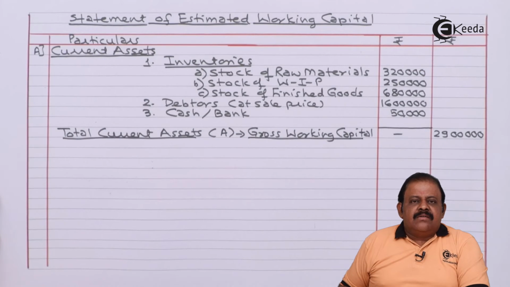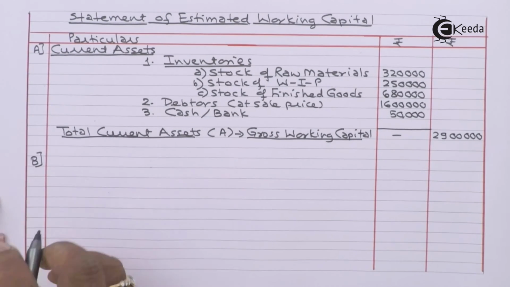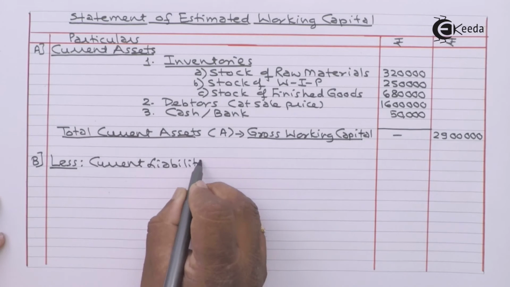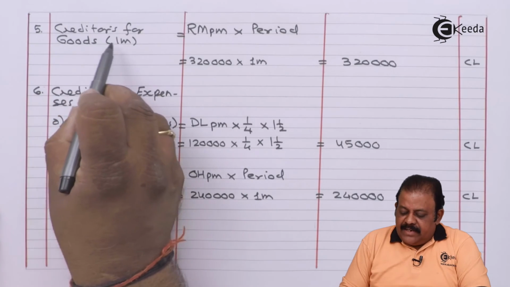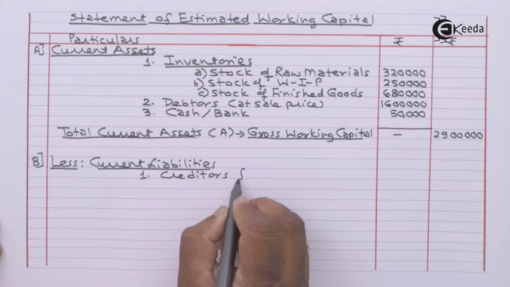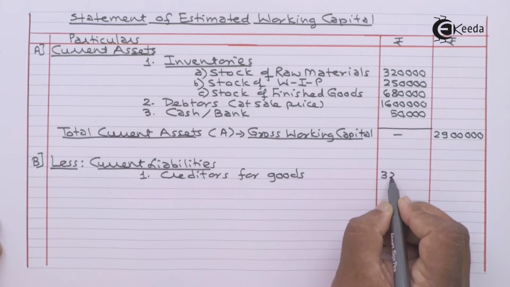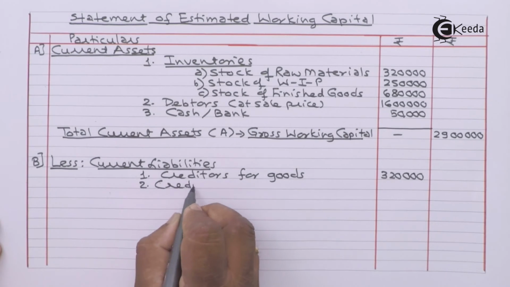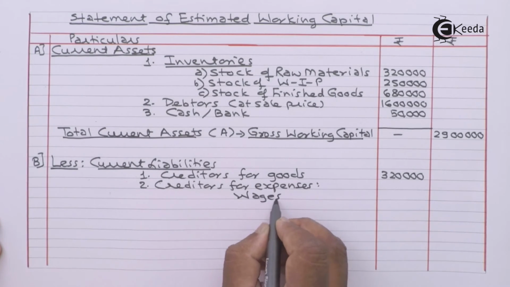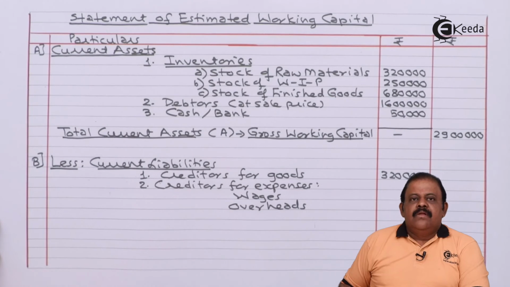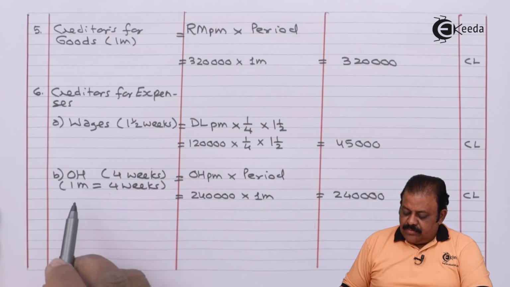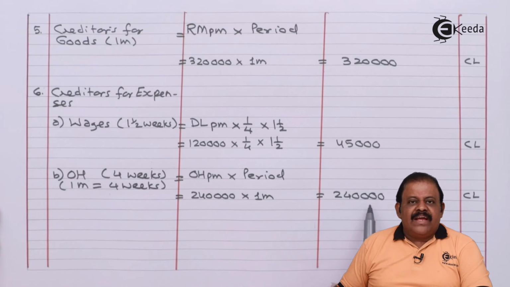From this we are required to deduct current liabilities. Creditors for goods 3,20,000. Creditors for expenses, wages 45,000, overheads 2,40,000.